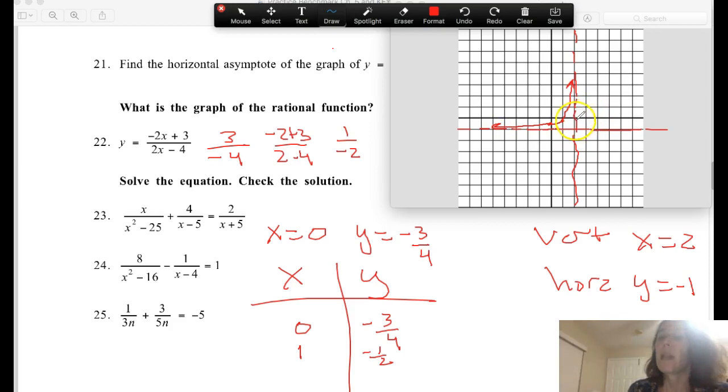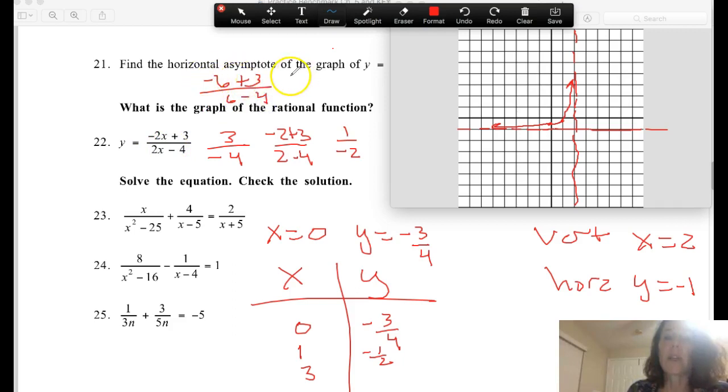Now let's see what happens on this side of the graph. I want to know when x is 3. Where does that land me? When I plug in 3, I get -2 times 3, which is -6, plus 3, over 2 times 3, which is 6, minus 4.